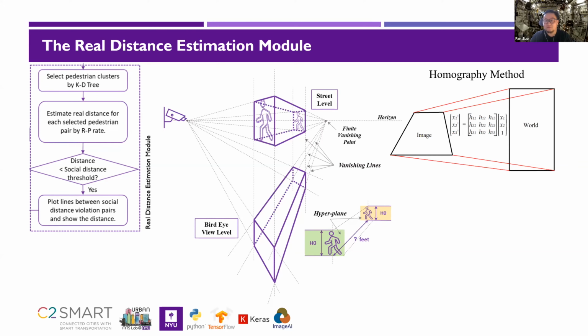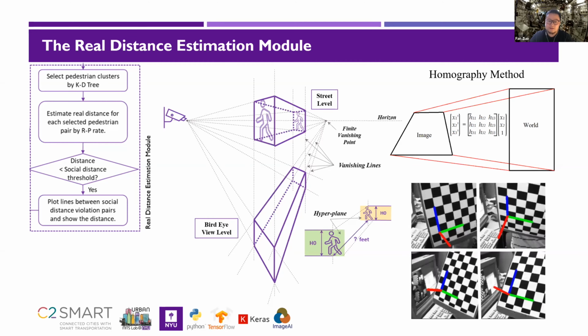Then we can use preset objects with known measurements, or existing objects with available measurements, as a reference to compute the distance in the transformed frames. And common reference obtaining methods include the field visit, the measurement from Google Maps or civil infrastructure documents, and a chessboard-like calibration plate like this.